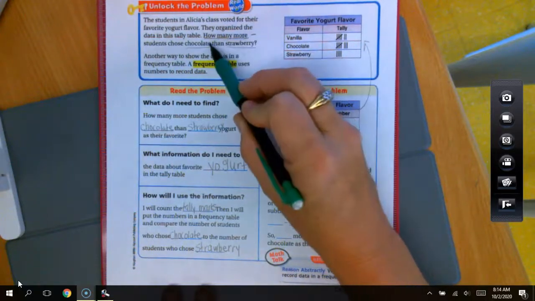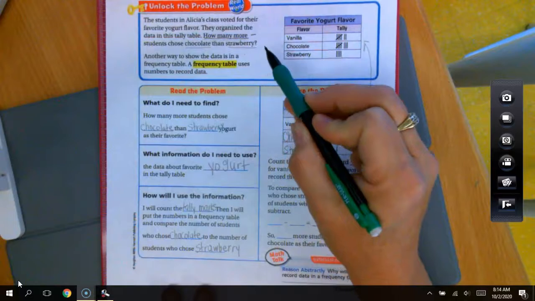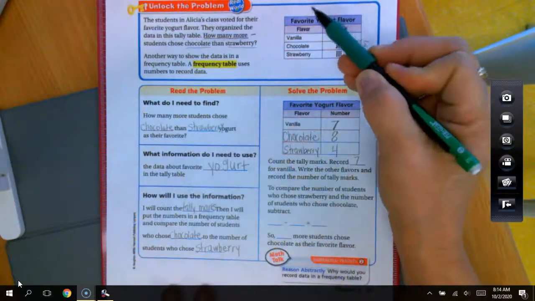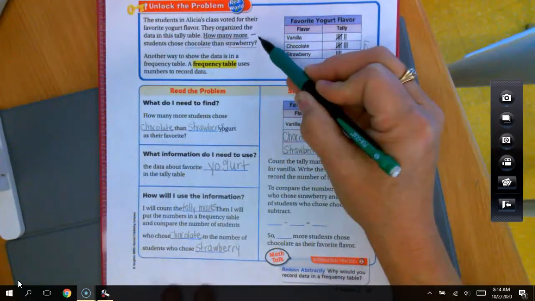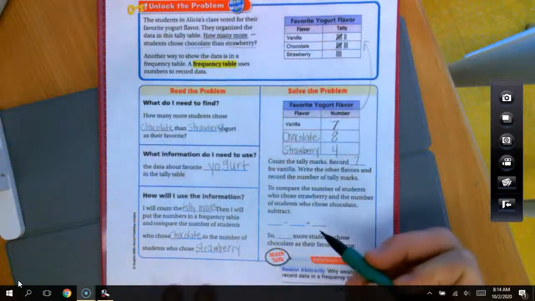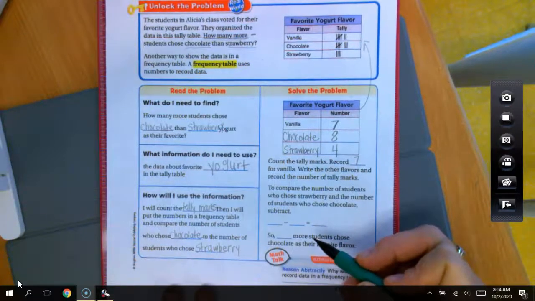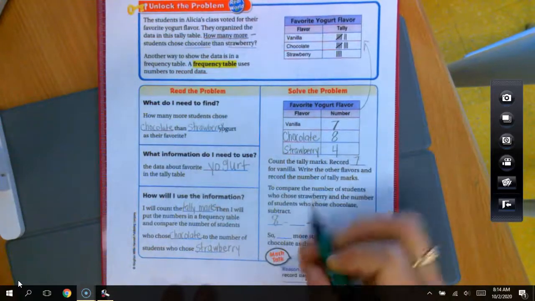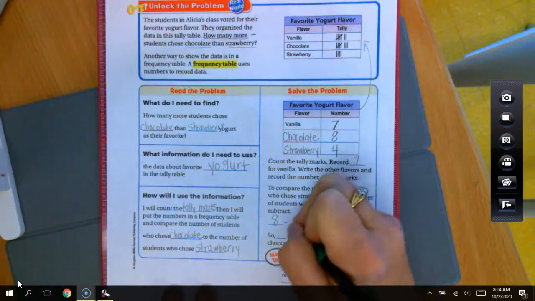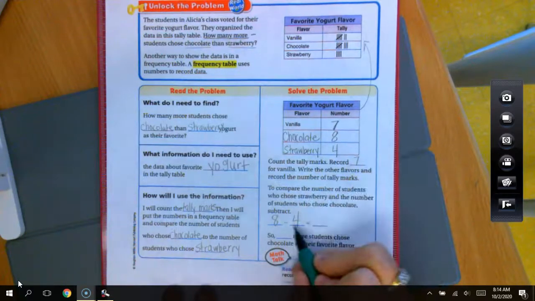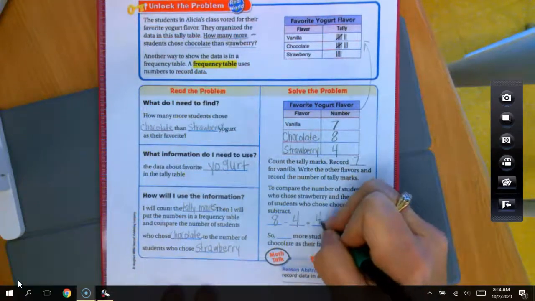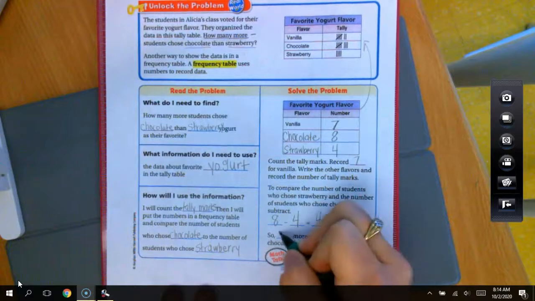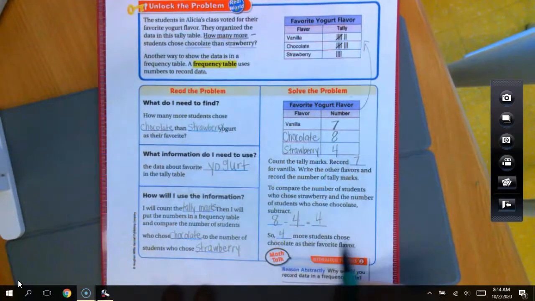Whenever you see the words how many more, you should automatically know that you have to subtract. When we subtract, we always start with the biggest number. So chocolate is 8, minus strawberry is 4, and 8 minus 4 is 4. So 4 more students chose chocolate as their favorite flavor.